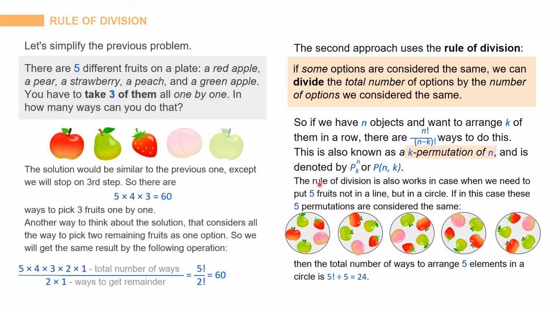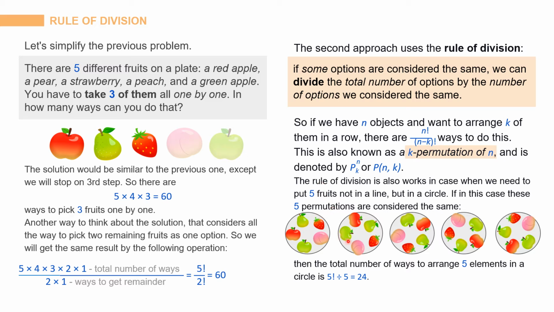So let me give one final example of permutations using this rule of division. Let's suppose we wanted to take these 5 pieces of fruit and arrange them in a line. Well, that's just ordering the pieces of fruit, so it's 5 factorial. But what if we wanted to arrange them in a circle and all we cared about was the relative position of the fruits in the circle?